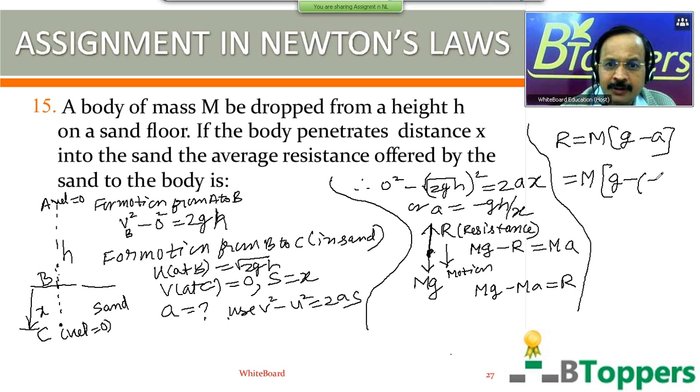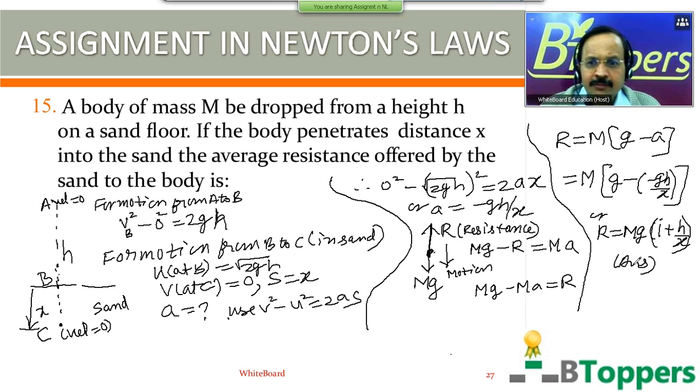You can substitute a equal to minus gh by x. So finally, the magnitude of the average retarding force or resistance force exerted by the sand on the body is R equals mg into 1 plus h by x. So that's the answer: mg into 1 plus h by x.